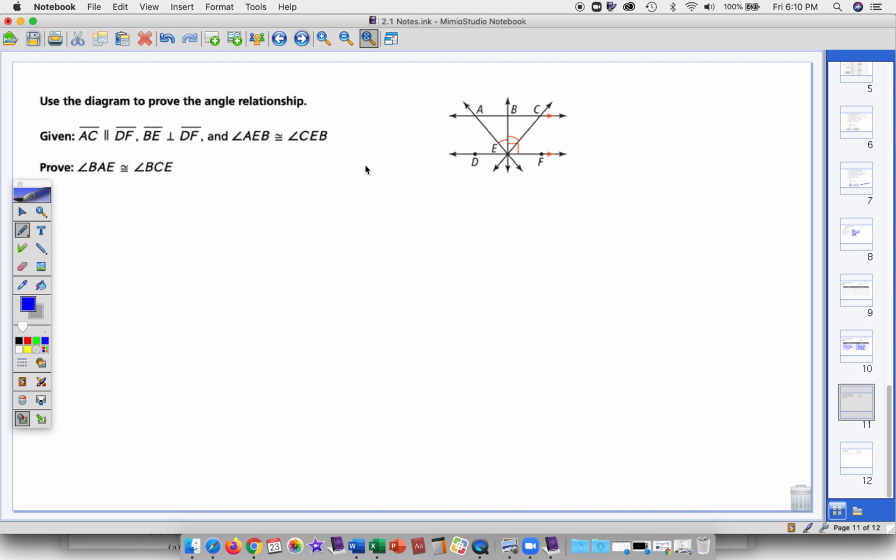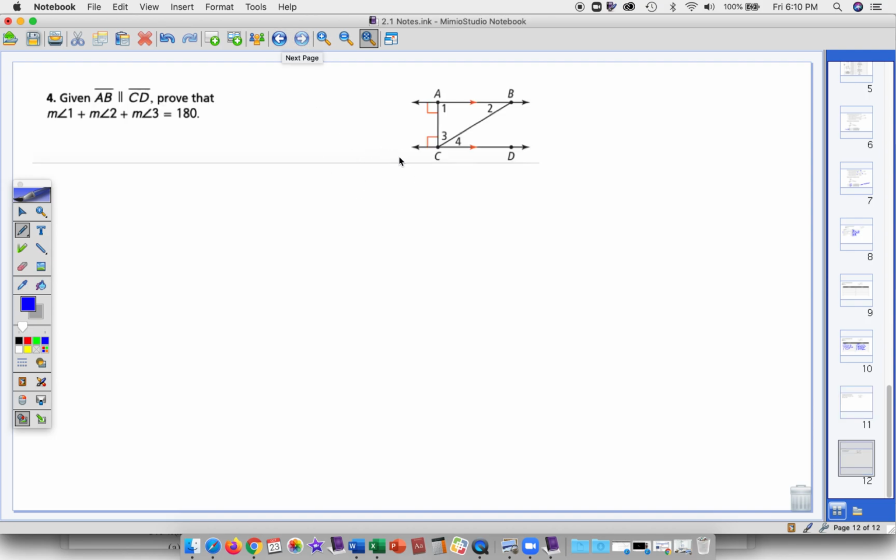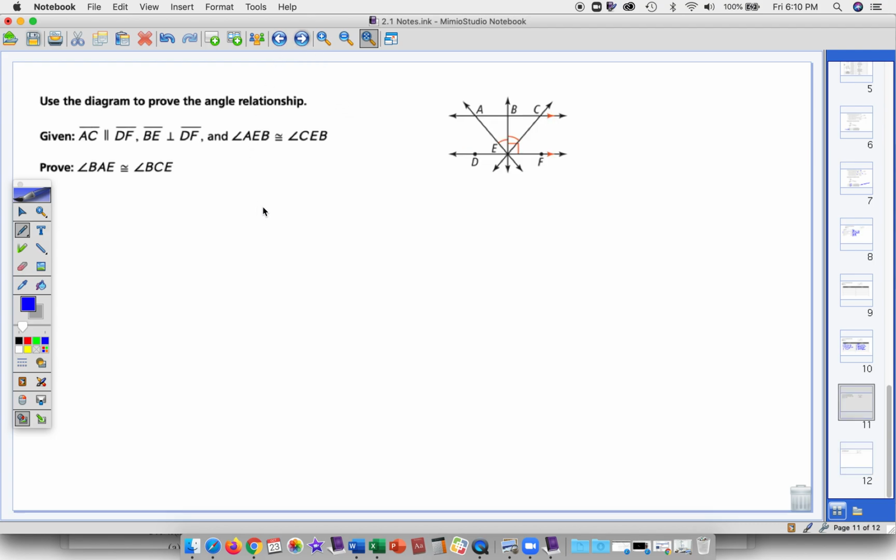See what you can come up with. Make a plan. I actually think the second proof is probably a little bit easier. You might want to start with that one. It's up to you. But come up with a plan and then just try to put your plan into a series of logical steps, with reasons that back up each one of your steps. Okay? So give that a try, and then we'll go through them in class.